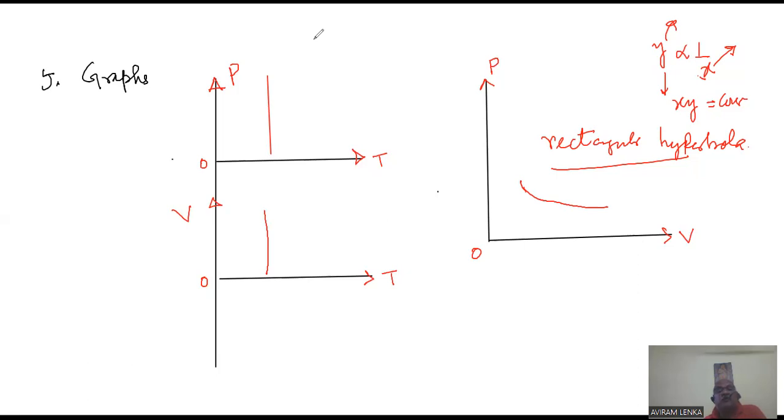Once the 5 points are over, there is another issue, that is number 6, the practicality of the process. But I think my video is sufficient to learn. In the next video, I'll be discussing that.